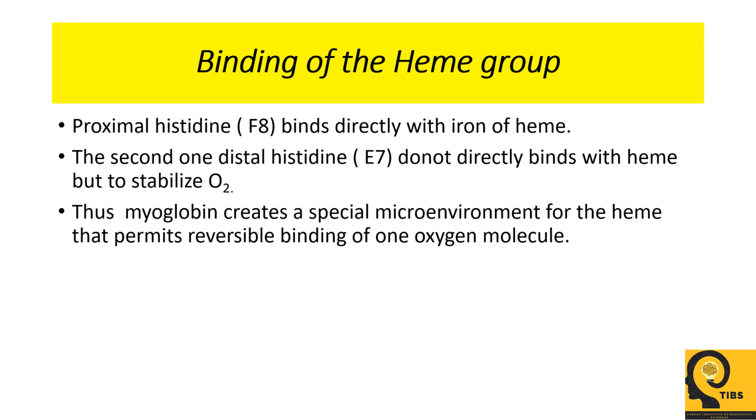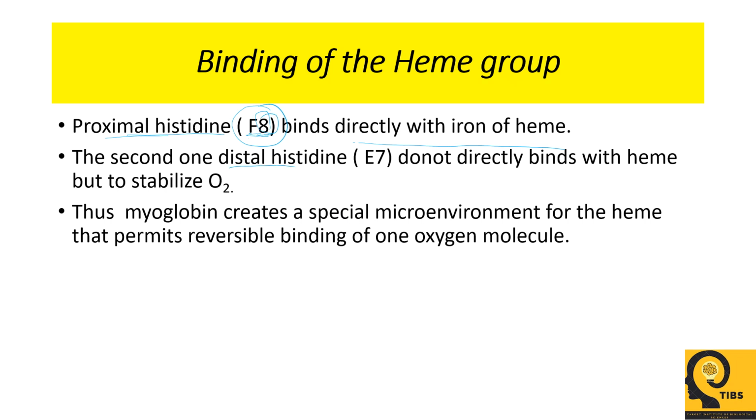Now students, come towards the binding of oxygen with different molecules. First, there is the proximal histidine. Proximal histidine binds directly with the iron atom. It is also called F8, because it is present in the F stretch of the polypeptide chain, and its sequence in the F stretch is the eighth amino acid.